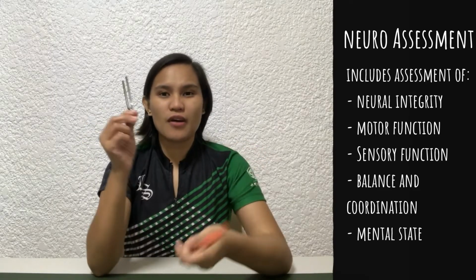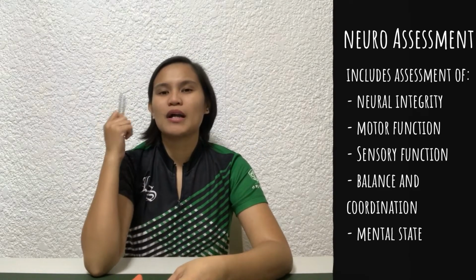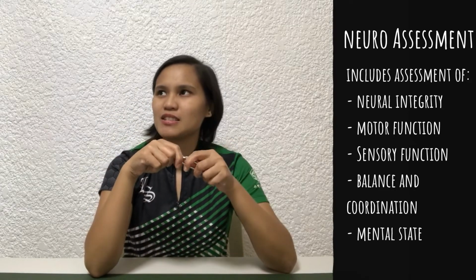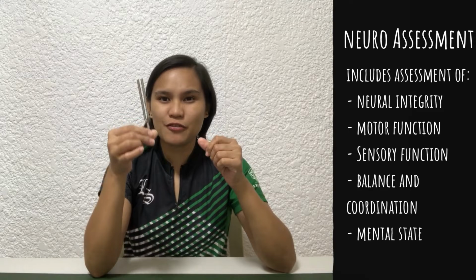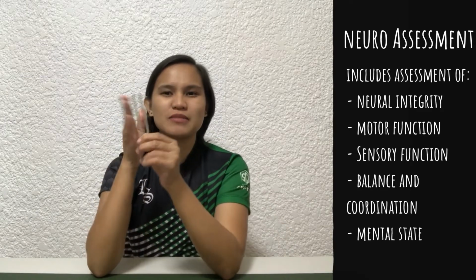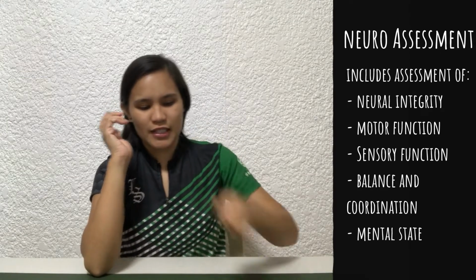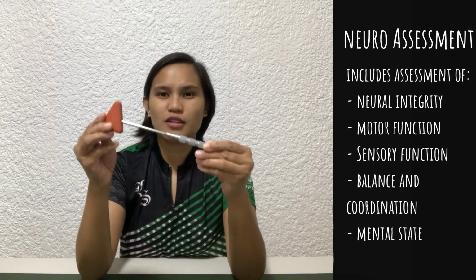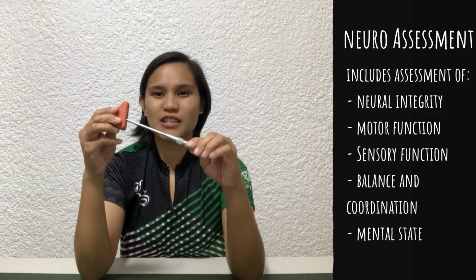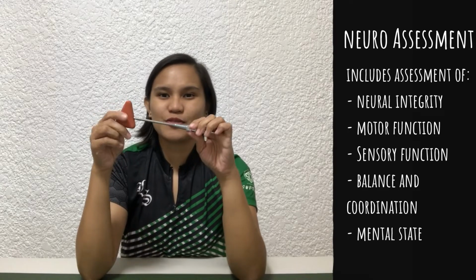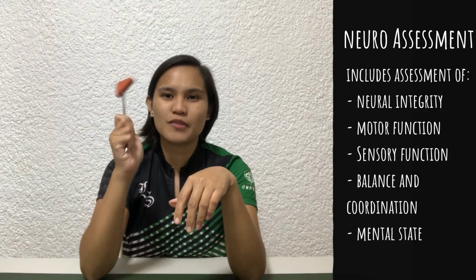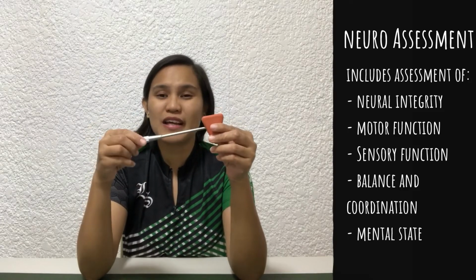And then the tuning fork is also used for cranial nerve assessment, and sometimes it can also be used for bone assessment, but most of the time it's used for cranial nerve assessment. Now, the reflex hammer, or neurohammer, we use for assessing the reflexes of the patient. That's why it's called a reflex hammer.